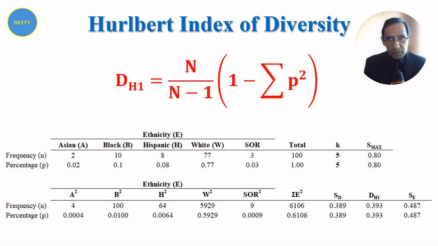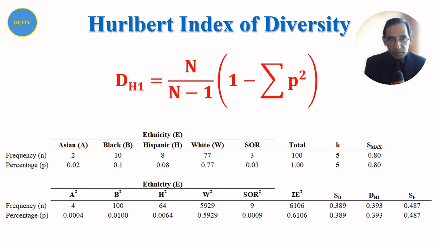Again, the data is applied to the same ethnic data that was used in episodes 1, 2, and 3. So here, for example, for the Asian work group, you have two individuals. Divide 2 by the total, which is 100. That gives you 0.02. When you square that, it's 0.004.